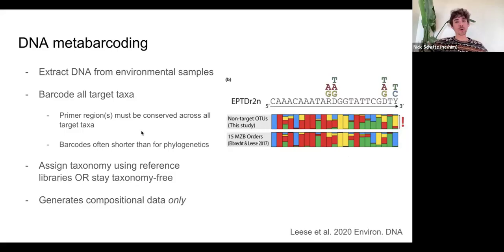Generally, these barcodes are shorter than for phylogenetics. Classic DNA barcoding was done using a technology called Sanger sequencing predominantly, and that allowed you to sequence a bit longer of a barcode, 500 to 1,000 bases. But metabarcoding is really applied using next generation sequencing, or high throughput sequencing.